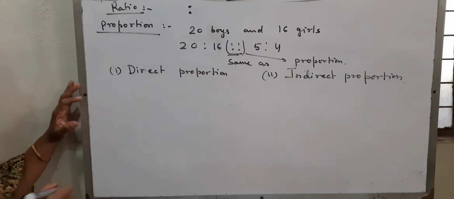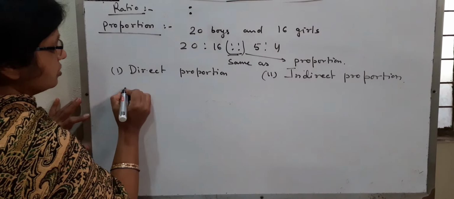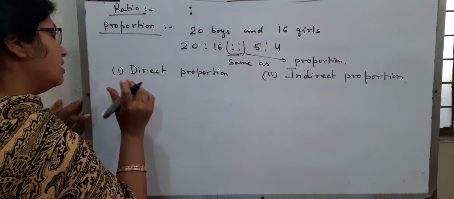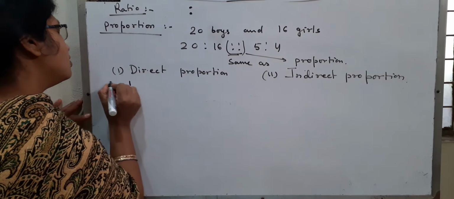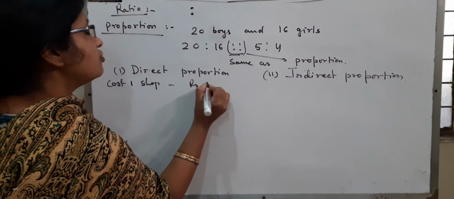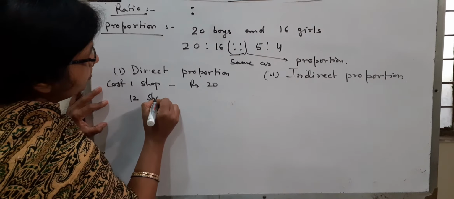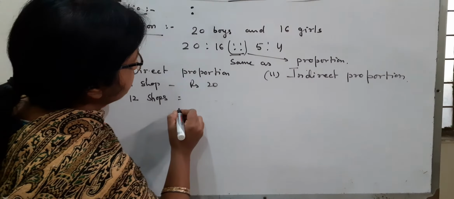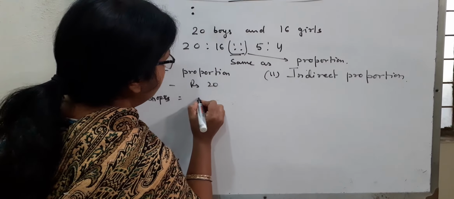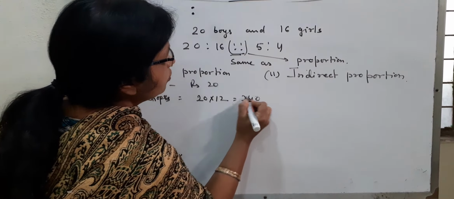Direct proportion: if we buy a soap, and the cost of one soap is 20 rupees, when we buy 12 soaps, then the cost is 20 into 12, 240 rupees.